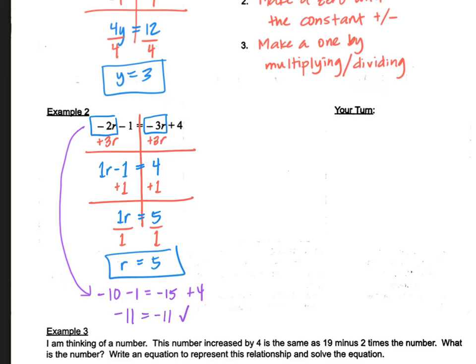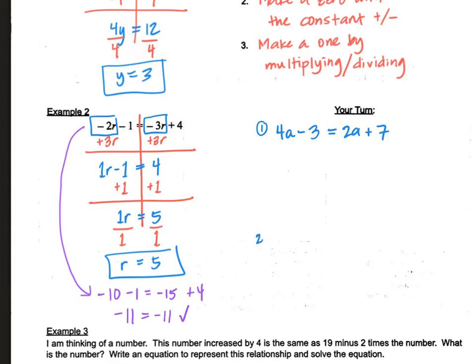Your turn, please try this out. And in fact, let me give you 2 to try out. Number 1, 4a minus 3 equals 2a plus 7.